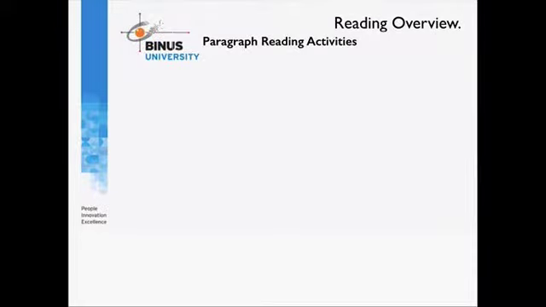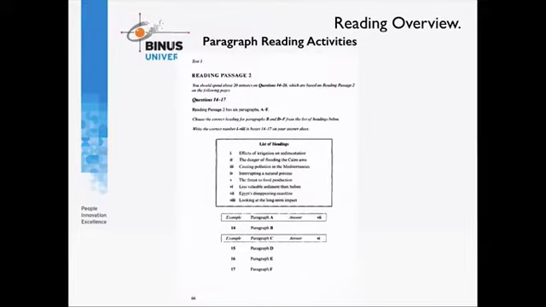So let's look at paragraph reading activities, and these are activities where you often have to read the paragraph and choose the list of headings. Now, there's no guarantee that the choice of headings are equal to the number of paragraphs.